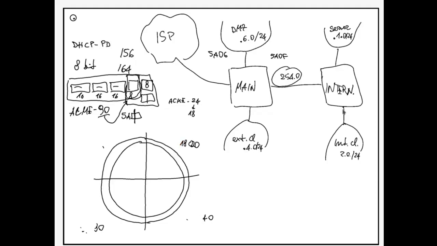So we will have 1800, 1840, 1880, and 18B0. This half will belong to main, and this half will belong to the internal firewall.